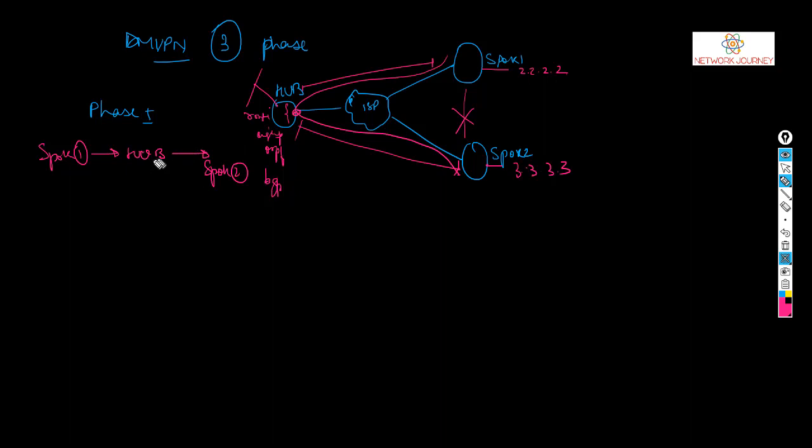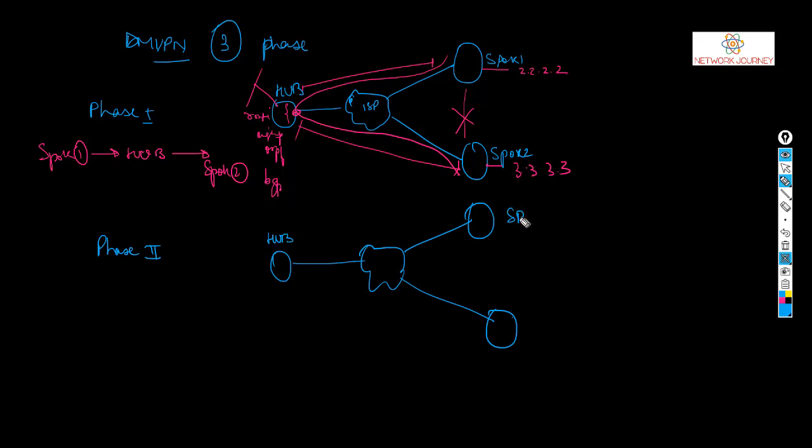Okay. Now this is really not something we are interested in. We need something where a spoke can talk to the next spoke. That can be achieved with the help of phase 2. So in the case of phase 2, what happens is both the spokes first get registered, which we just discussed.